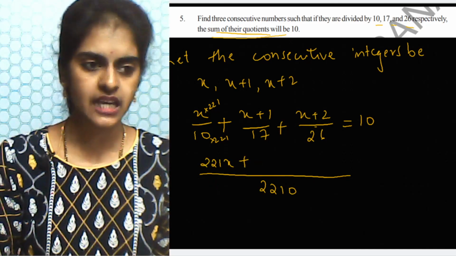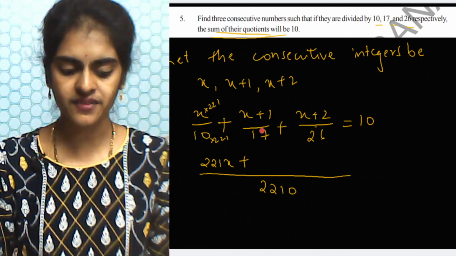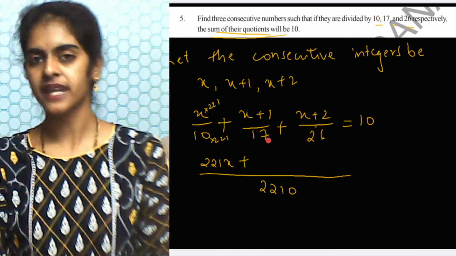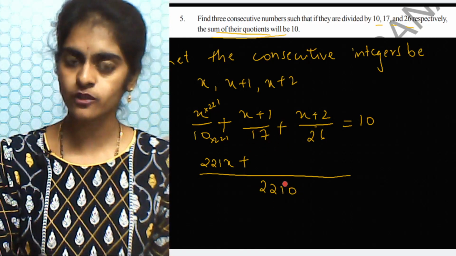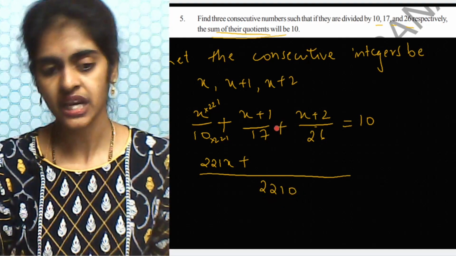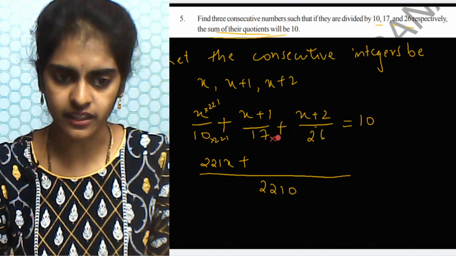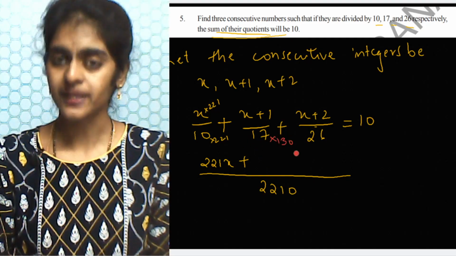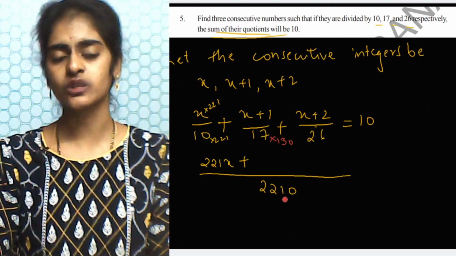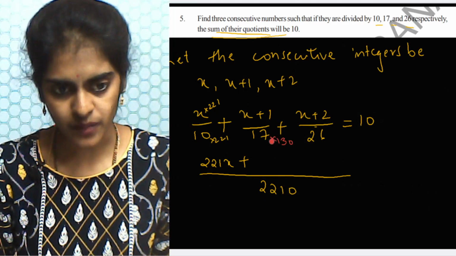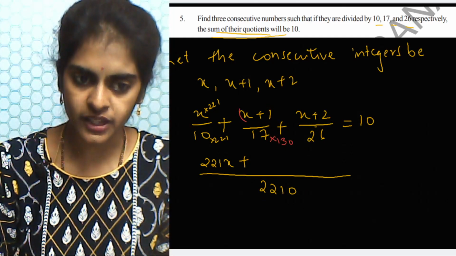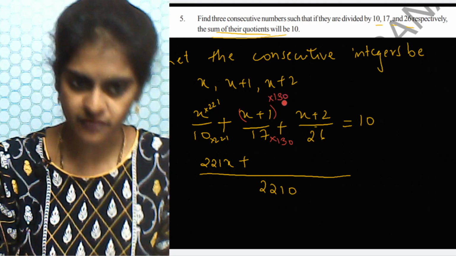Plus, here you have 17. What should you multiply to 17 so that you get 2210? Here you multiply with 130. Multiplying 17 with 130 gives you 2210. Since you are multiplying the denominator by 130, the numerator also you multiply by 130.